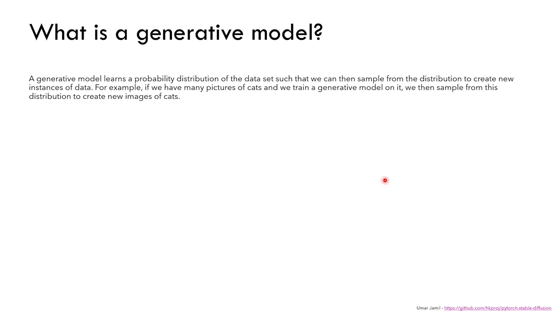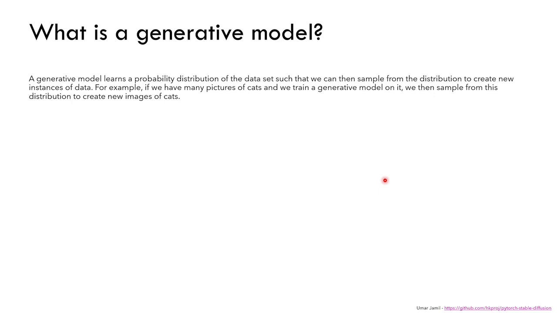For example, if we have many pictures of cats or dogs or whatever we have, we can train a generative model on it, and then we can sample from this distribution to create new images of cats or dogs or whatever. And this is exactly what we do with Stable Diffusion. We train it on a massive amount of images, and then we sample from this distribution to generate new images that don't exist in our training set.